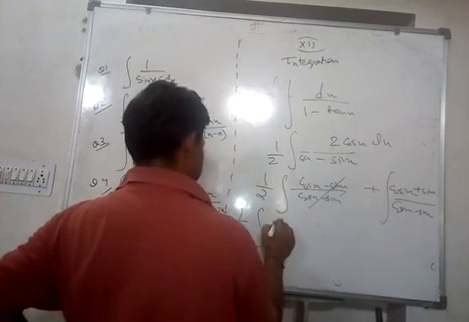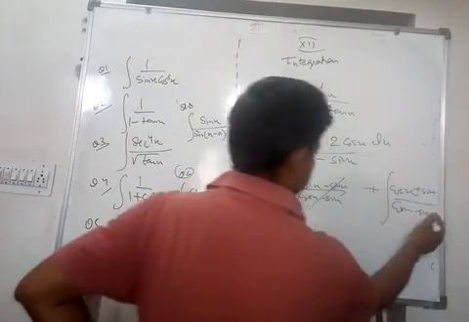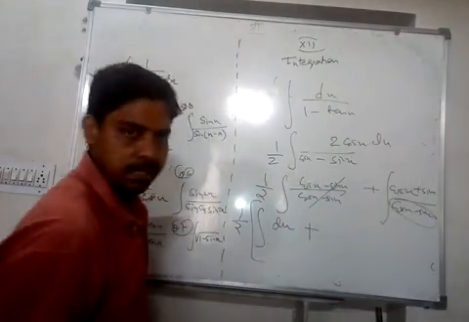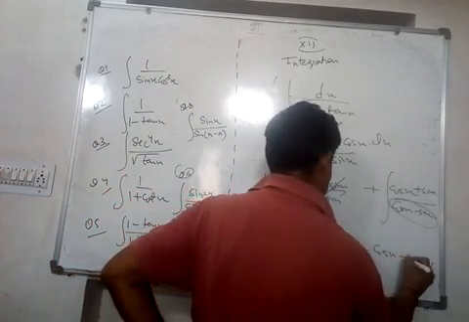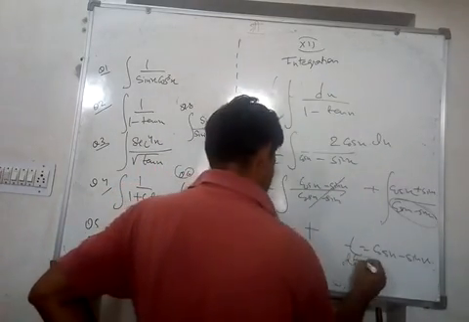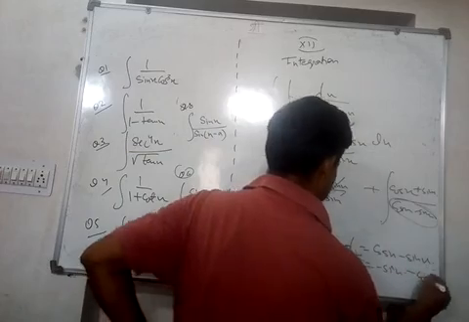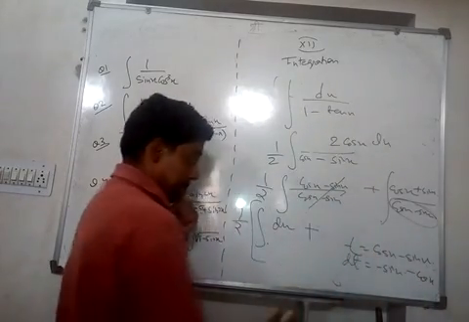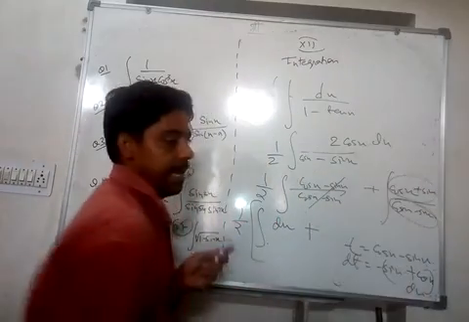So this is dx plus this is, if you take this as t, cos x minus sin x, dt will be minus sin x minus cos x. So we'll get minus sin x plus cos x dx.